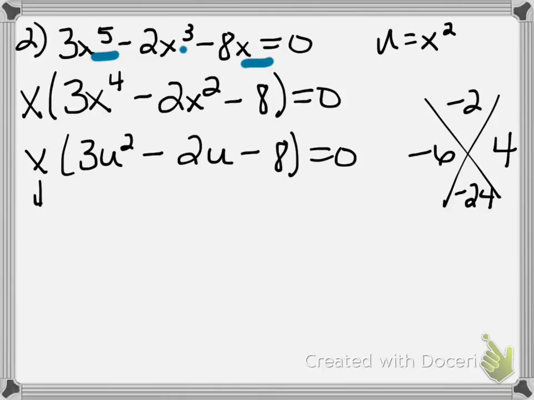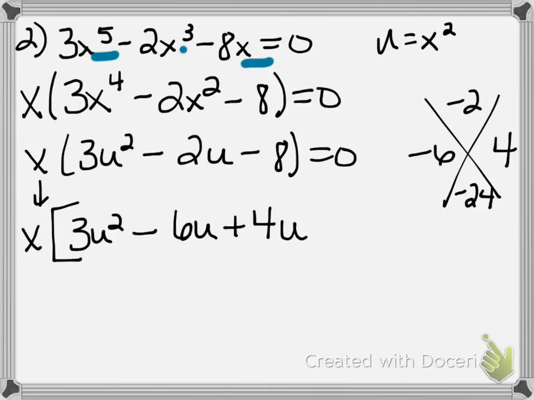Now this x here, it just stays along for the ride, okay? But because a is not 1, I do need to do my whole little brouhaha method. So I get 3u squared minus 6u plus 4u minus 8 equals 0.